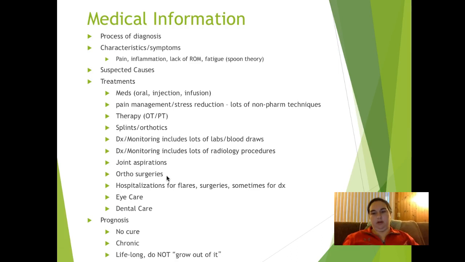I've had over 37 surgeries. 36 of those have been ortho, and only 4 have been joint replacements. All others have been non-joint replacements, so fusions or pinnings or things like that.